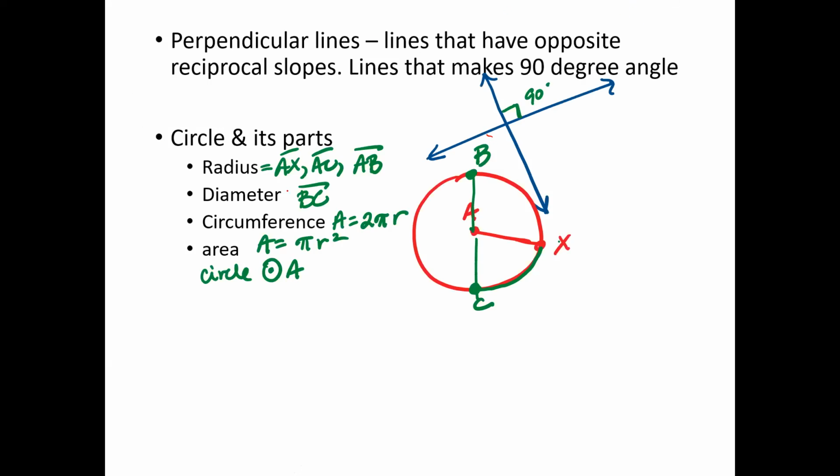If you're looking at the radius right here, the radius is from the center to the edge of the circle. Do you see that? To the side of the circle, or the circumference of the circle? So AB, AX, AC, these are all radii. Diameter is from one side of the circle to the other side, but it has to go through the center. Do you see that? Circumference is how long it is around the outside of the circle. Okay.